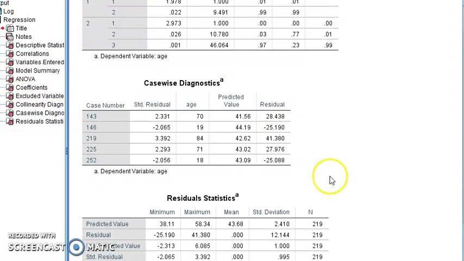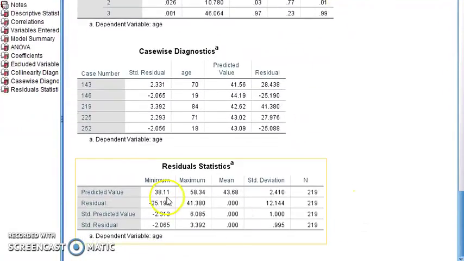So getting down to the residual statistics, we can again see that our predicted values are going from an age of 38 to an age of 58 with an average of 43. And then once again, you can see that the residuals are very high, meaning our model is predicting values that are negative 25 years below actual and 41 years above actual.